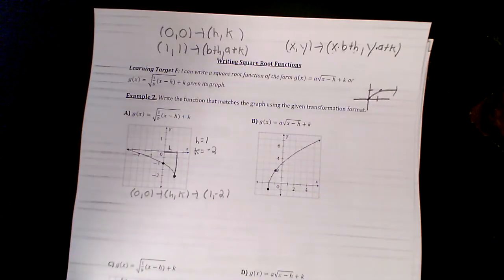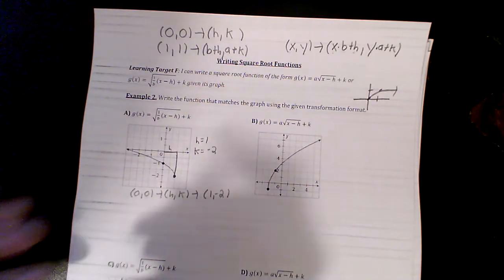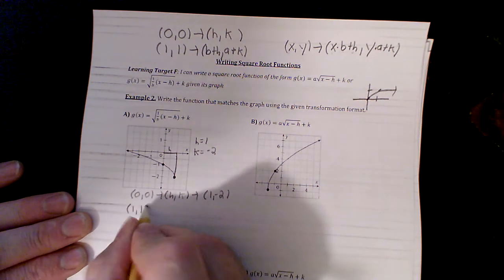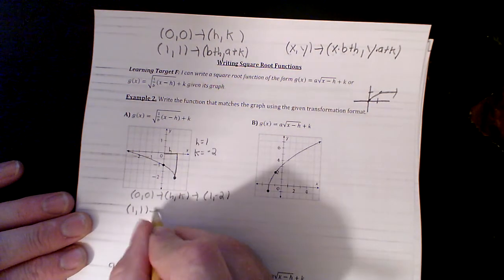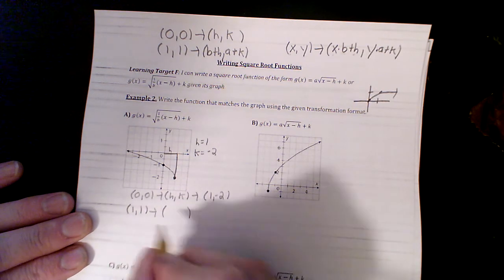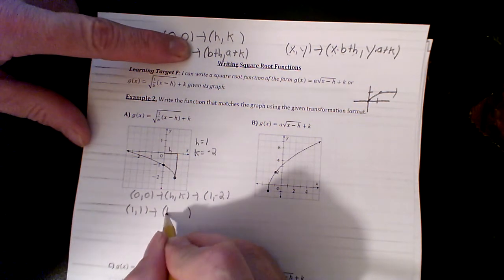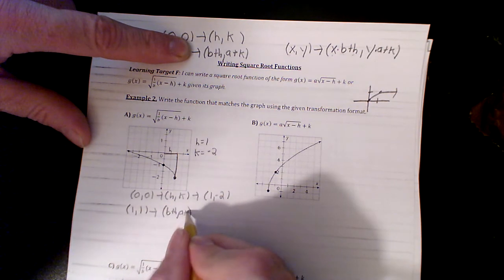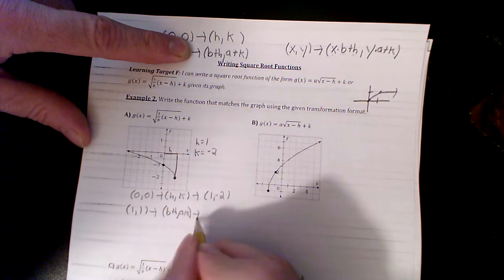Alright, this one's a little bit tougher, but not a lot. It's my second point of 1, 1. And we know 1, 1 has moved to this, so watch this value. The value of 1, 1 is literally, look up here, b plus h and a plus k. That's what it is.